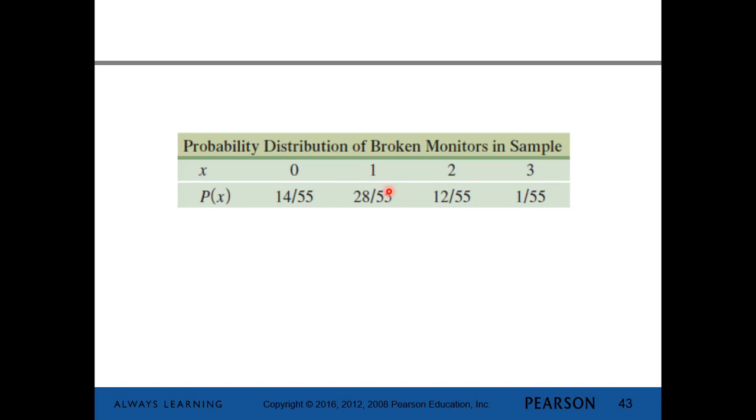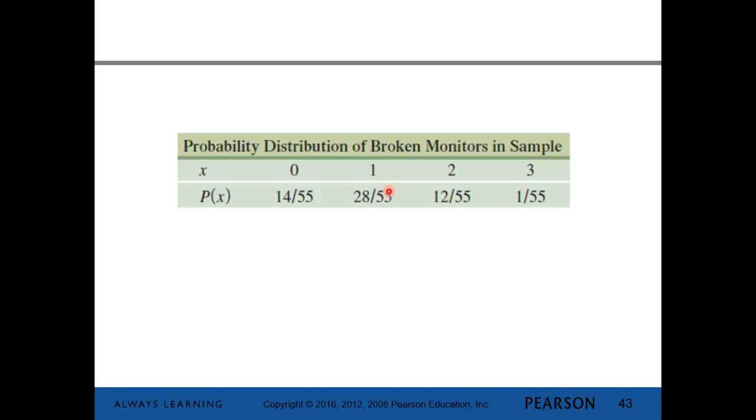Well, X represents the number of broken monitors. If we're looking at a probability distribution for the number of broken monitors, the maximum number of broken monitors is 3. So if he randomly selects monitors, he's either going to find 0 broken monitors, 1, 2, or 3. Can't have more than that.